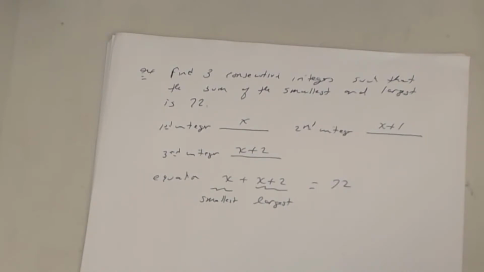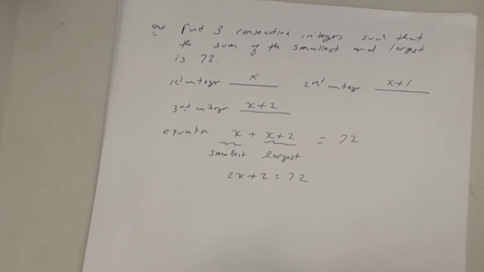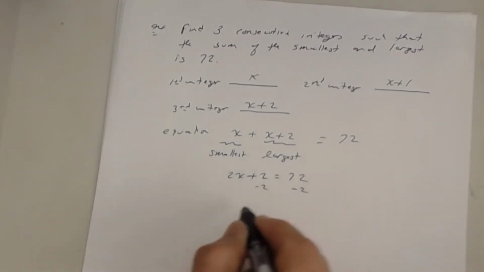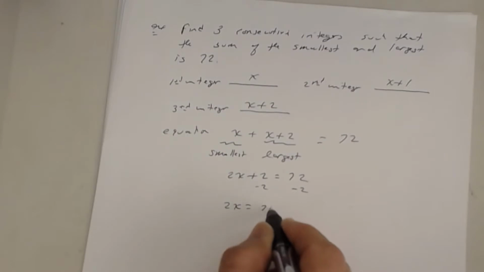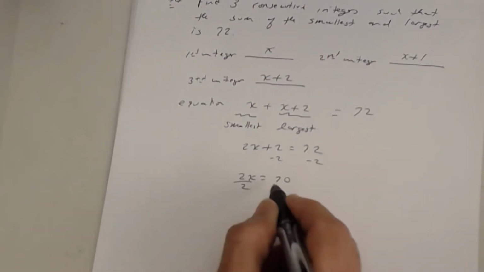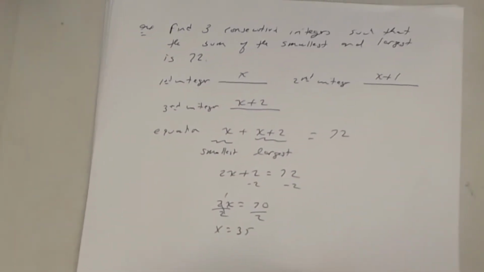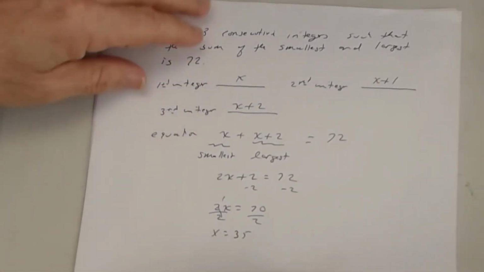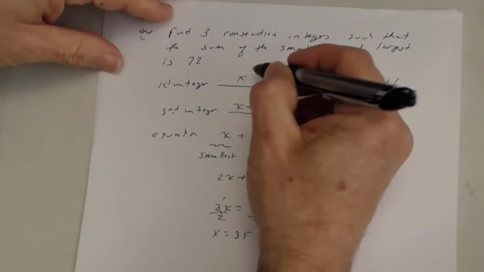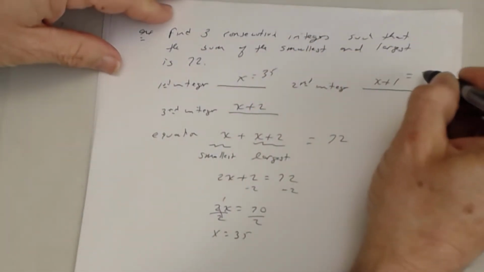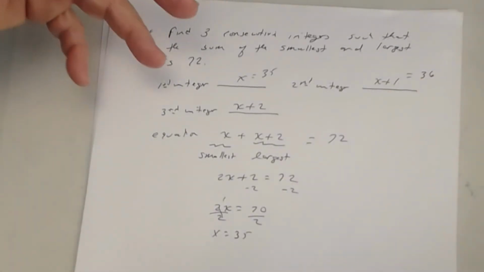And then solve the equation. What's the next step? Well, combine first. 2x plus 2 is 72. Subtract 2. So 2x equals 70. All right, so x is 35. And then once you find that, you know what those 3 integers are. What's the first integer? 35. Next one? 36. 35 plus 1, right?